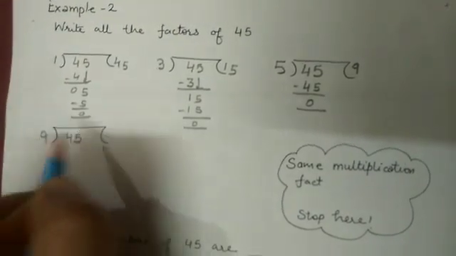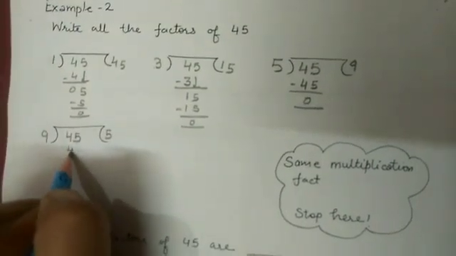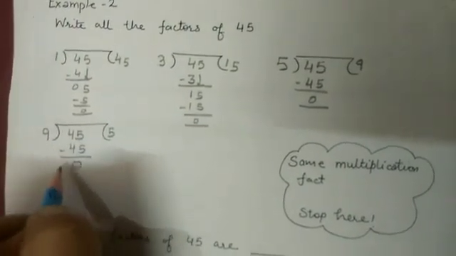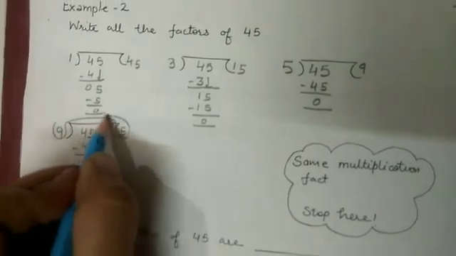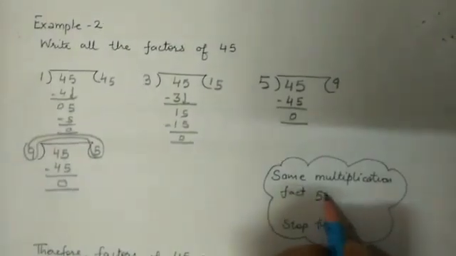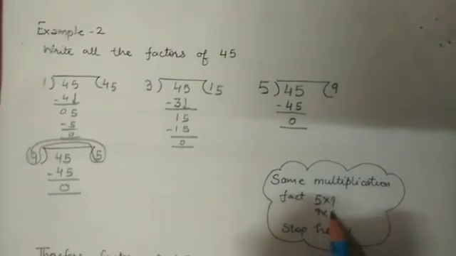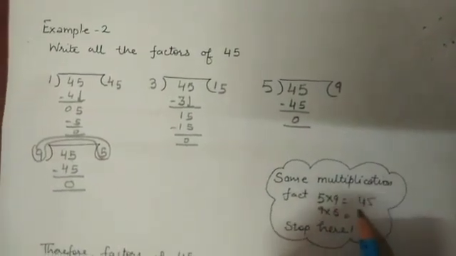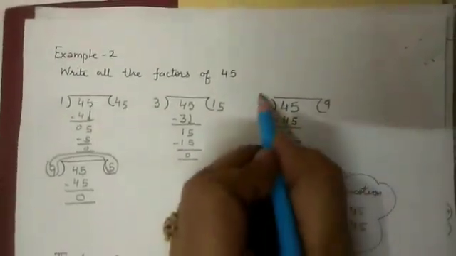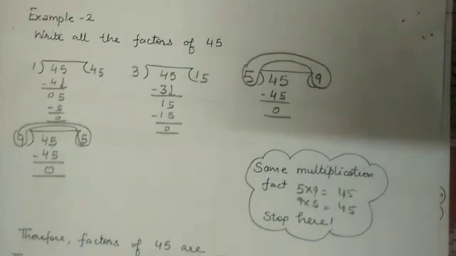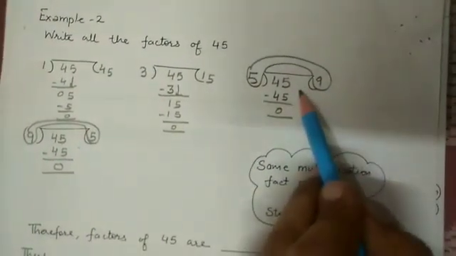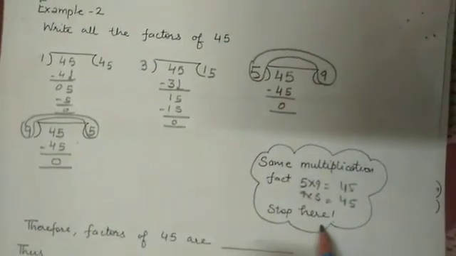Then 9 fives are 45. We are getting the remainder as 0. One more thing, 9 fives and 5 nines: again we have got the same multiplication facts here. We can see when we get the same multiplication fact, we will stop.